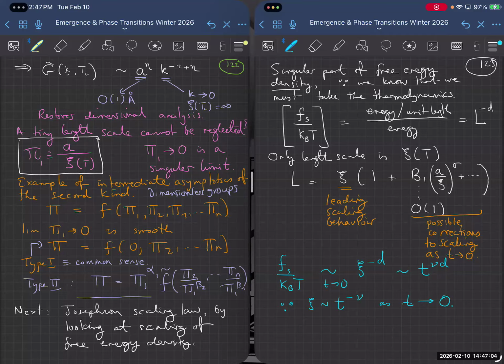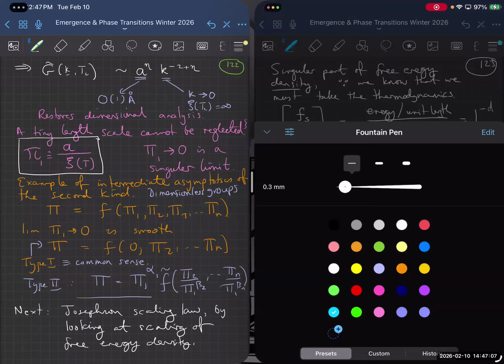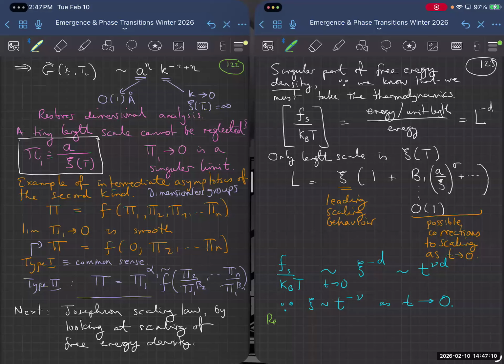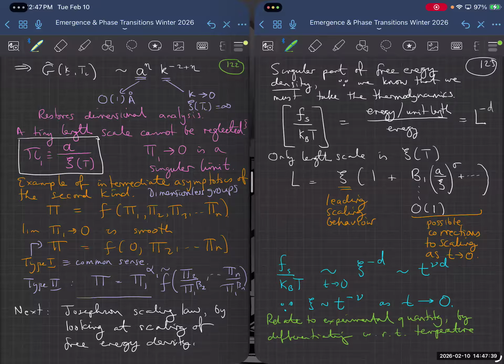Now, that's fine, but it's nothing that we can measure experimentally, or at least not easily, but we can relate this to an experimental quantity by differentiating with respect to temperature. If we differentiate twice, then we get the specific heat, the heat capacity per unit volume.